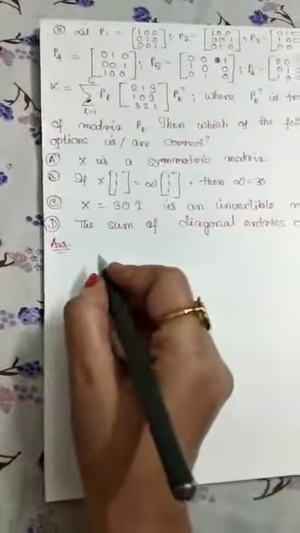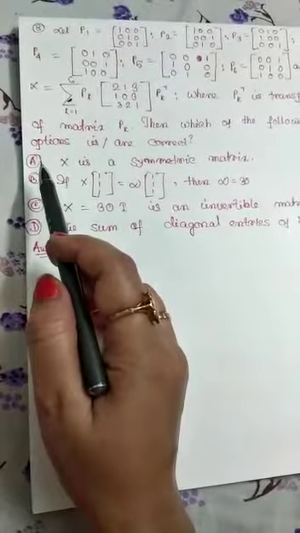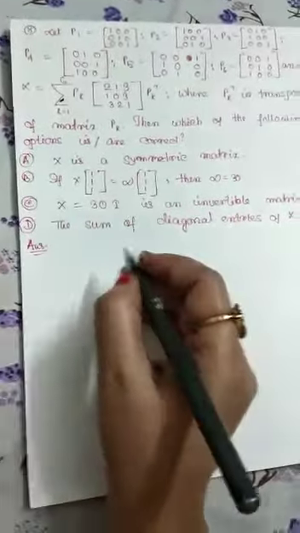Moving to our solution, at first option A. We are trying to solve: X transpose is equal to what? We know X is equal to the sum of P1 A P1 transpose, P2 A P2 transpose, and so on for all 6 matrices, and we take its transpose.